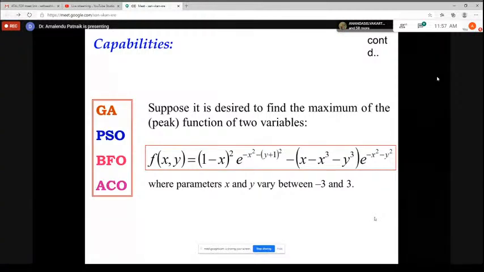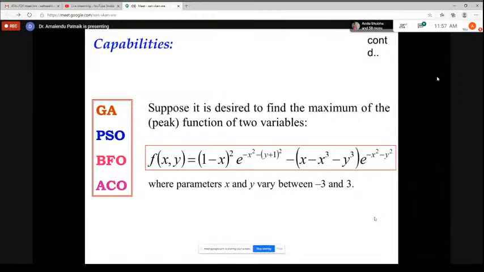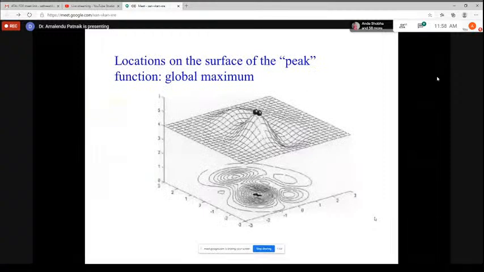Those are the restrictions, and within this range you need to find the peak value of this function. Any of these meta-heuristic techniques can be used to solve this kind of problem. If you apply any technique, it will give you the result: the location on the surface of the peak of the function, or global maximum.